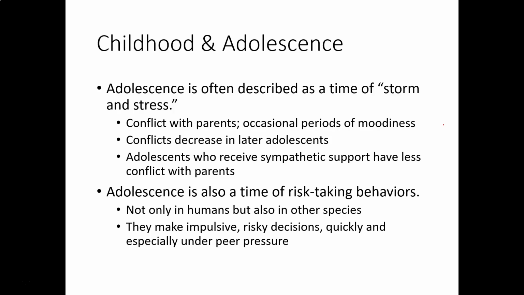And so you have this desire to get really emotionally charged experiences without fully understanding the consequences associated with those experiences. And so adolescents tend to make impulsive or risky decisions.